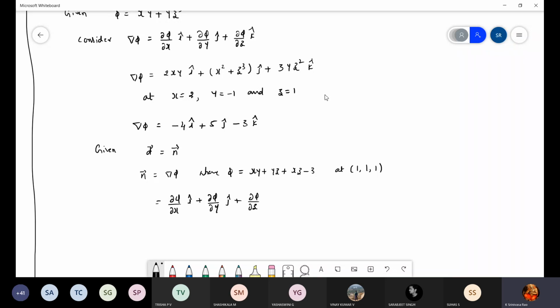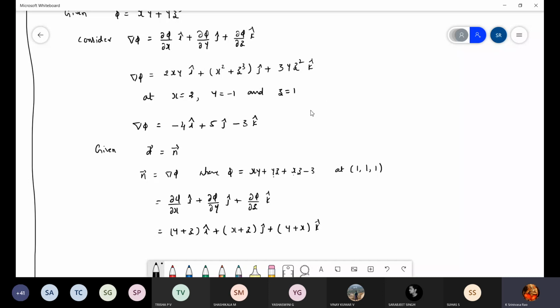Now for the second surface, with respect to x you will get y plus z i cap. With respect to y, x plus z j cap. With respect to z, y plus x k cap. In all three derivatives, minus 3 becomes 0.